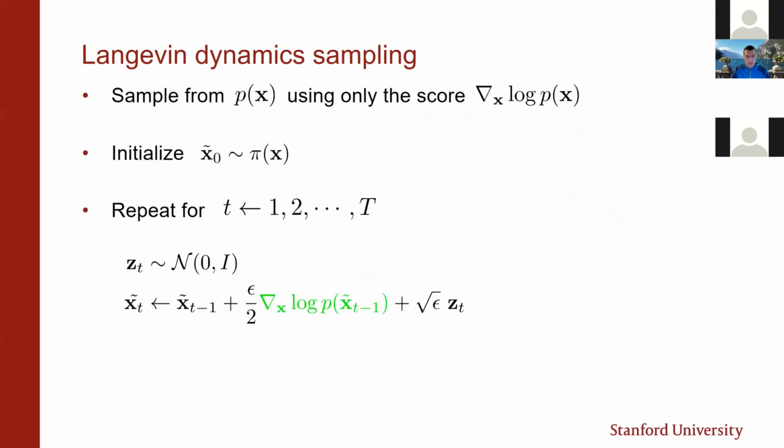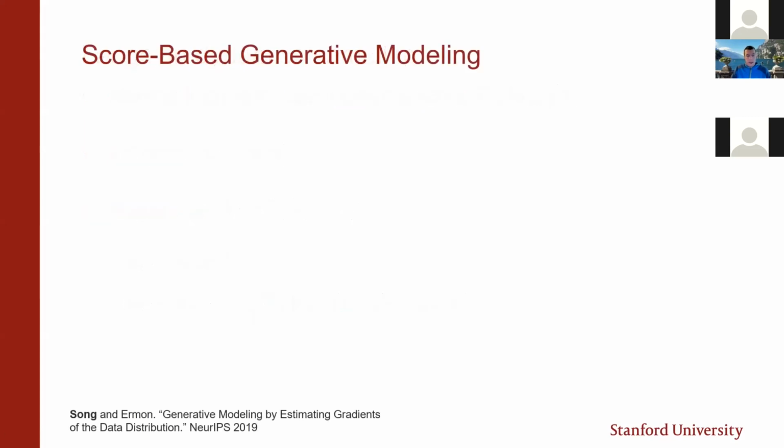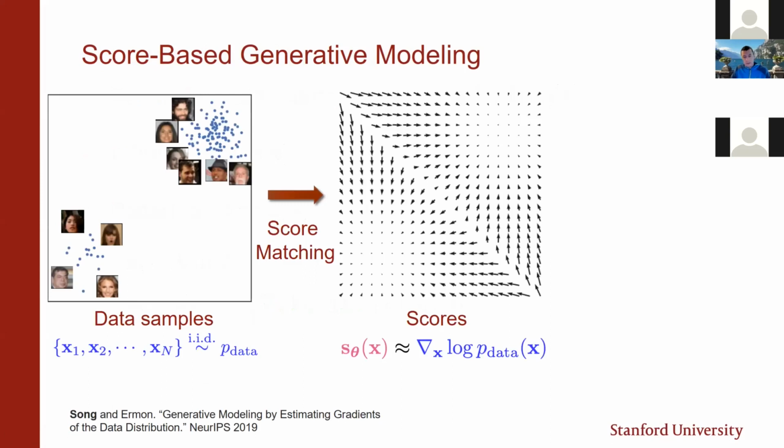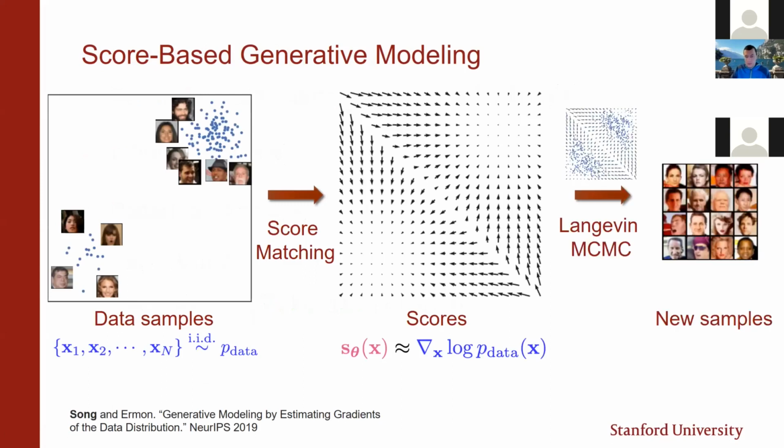And then you would repeat this procedure where you do gradient ascent plus a little bit of Gaussian noise. And the gradient is estimated using the score model. This is the full pipeline. You start with samples, you estimate the scores, and then you produce samples using Langevin dynamics.